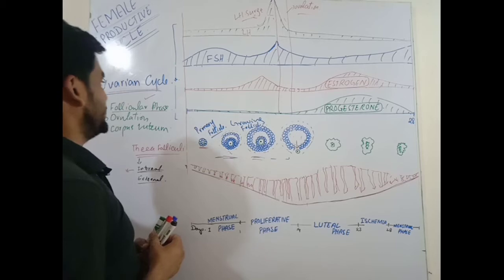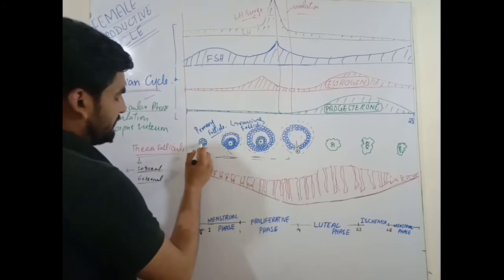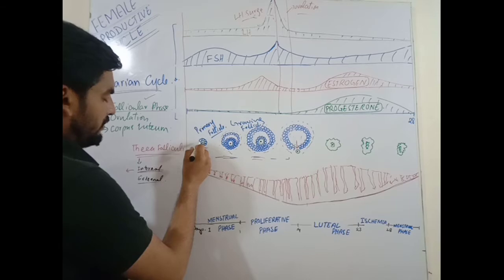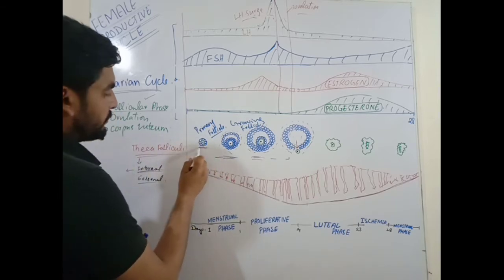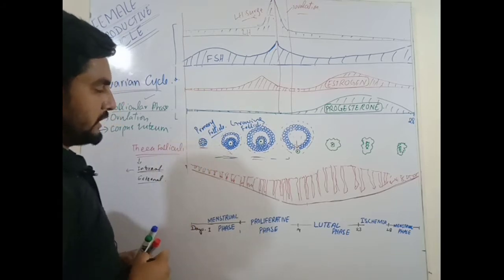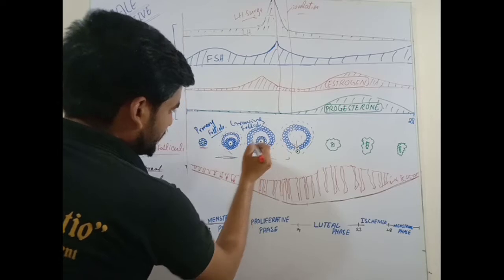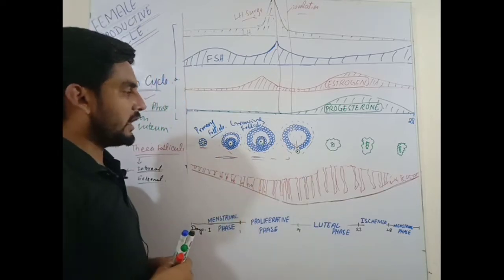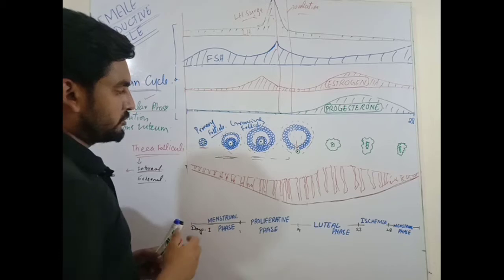There are four changes that occur in the follicular phase. First is the proliferation and differentiation of the primary oocyte. Second is the proliferation of the follicular cells around the primary oocytes. Third is the formation of zona pellucida. Zona pellucida is the glycoproteinaceous material forming a layer around the primary oocytes.